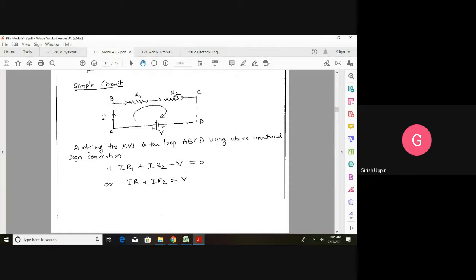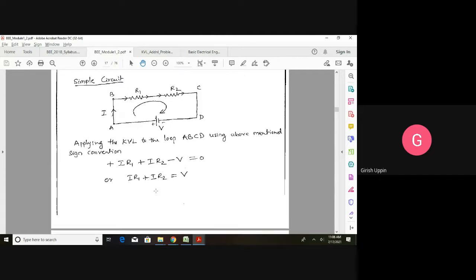Then I come across the negative plate, therefore minus V is equal to 0, or I R1 plus I R2 is equal to V. So we know that the applied voltage V will get dropped across this and this. That is in line with that understanding.